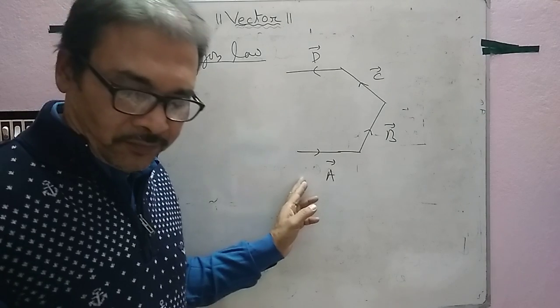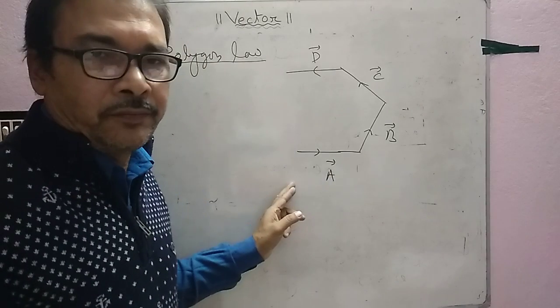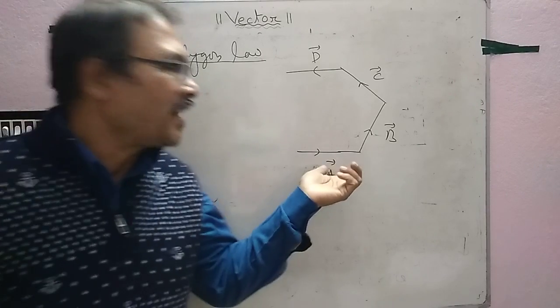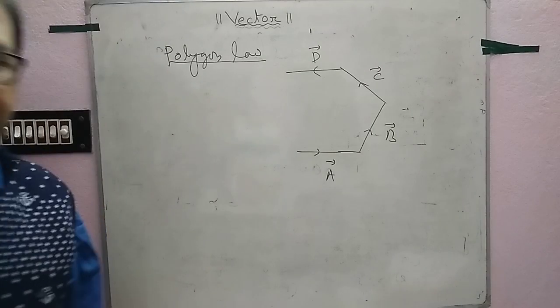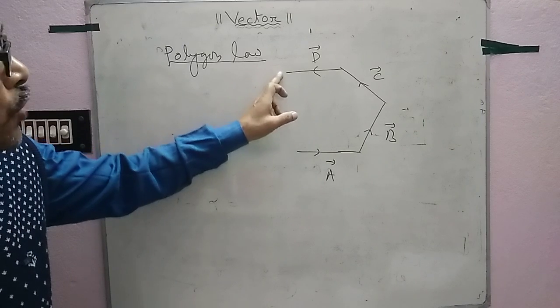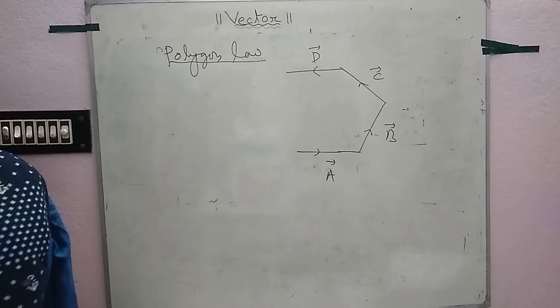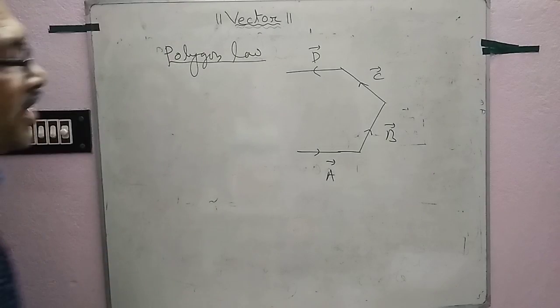If the sides of a polygon taken in an order represent the magnitude and direction of more than two vectors, then if we complete the polygon, that side in opposite order will represent the resultant vector both in magnitude and direction. Follow?